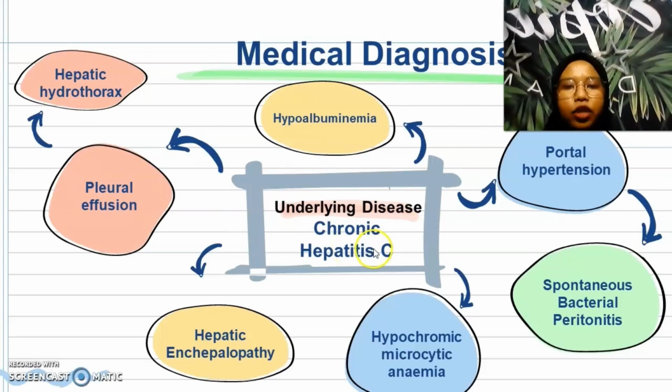Not only that, chronic hepatitis C with portal hypertension can also cause spontaneous bacterial peritonitis. Besides, chronic hepatitis C can also cause hypochromic microcytic anemia, hypoalbuminemia, and hepatic encephalopathy, which is also a sign of other diseases, and also a disease caused by chronic hepatitis C.